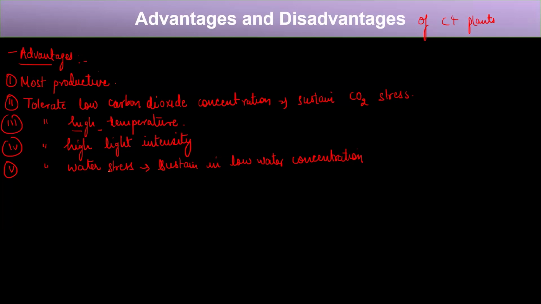The stomata present in C4 plants are sunken stomata, and hence they prevent water loss. So even if these plants are in low water conditions, they can survive there.